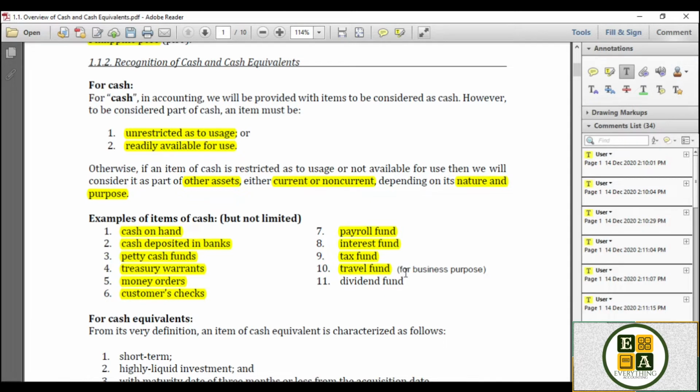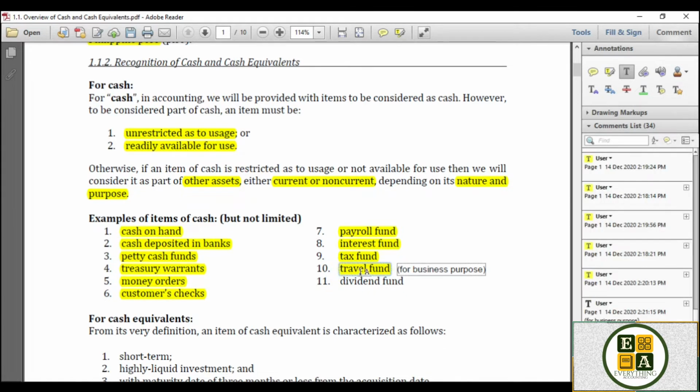It is either other asset. Okay? So for example, kapag merong team building, seminar ang owner or yung mga representative ng isang company, part yon ng cash. Although may pagka medyo restricted lang. But still, usable naman for current business purpose eh. Then we also have dividend. We also have dividend fund for purposes of payment of dividend.